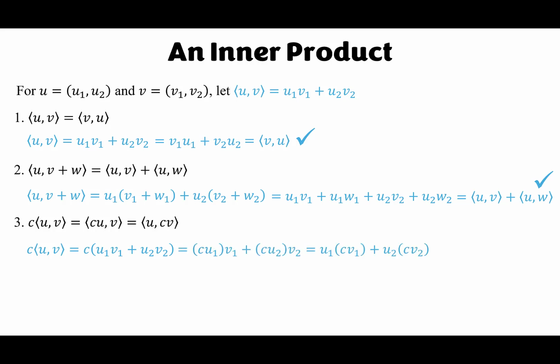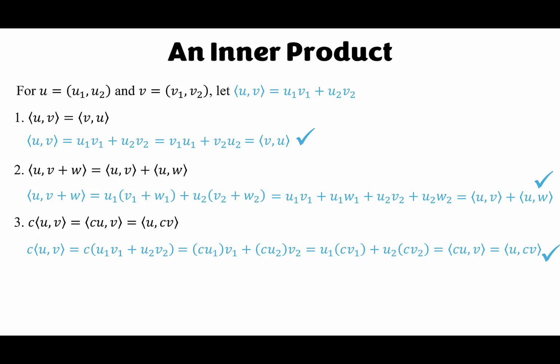Now we can distribute that c through and have it multiplied by the u1 and the u2, or we can move it to being multiplied by the v1 and the v2. Doesn't matter, but both of those are just the 2 inner products that we're checking to see if they're equal to each other. It's the inner product of cu with v, and that's the same as the inner product of u with cv. So they're all equal to each other, and that checks off property 3.